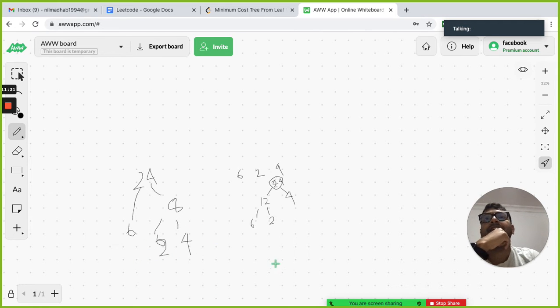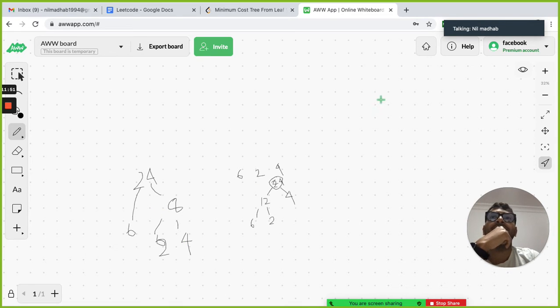So for an array, okay. Or we can also make it a tree, and we can have a value to find the maximum.